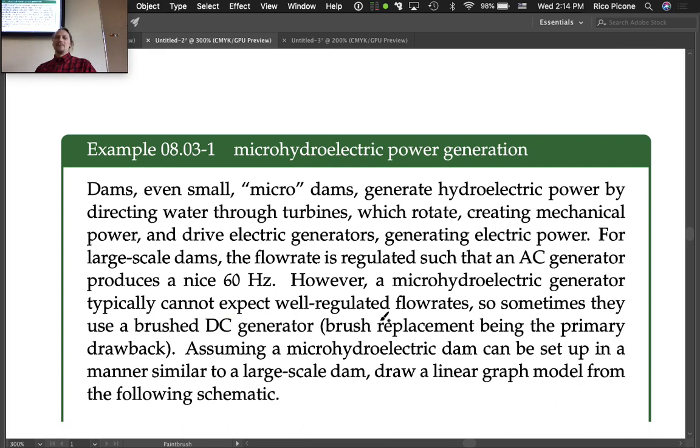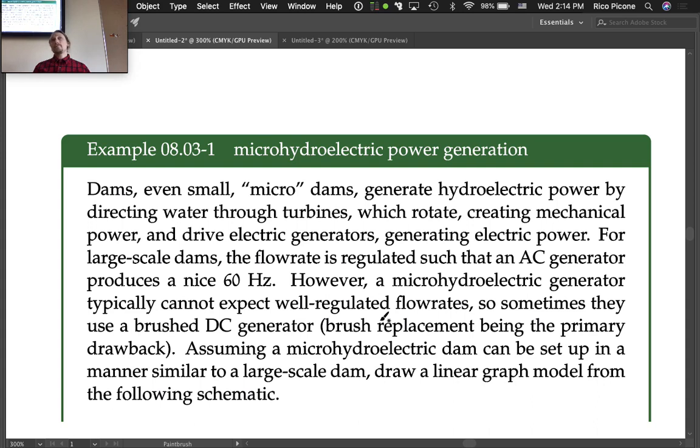So, dams, even small so-called micro dams, generate hydroelectric power by directing water through turbines which rotate, creating mechanical power, and drive electric generators, generating electric power. For large-scale dams, the flow rate is regulated such that the AC generator produces a nice 60 hertz.